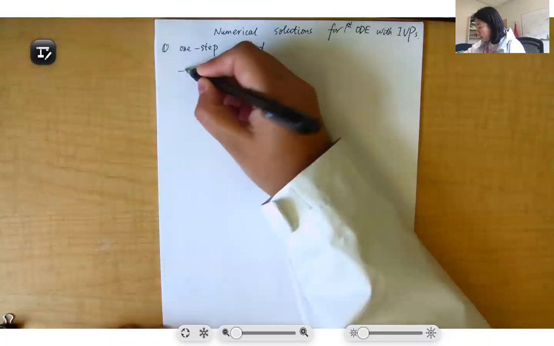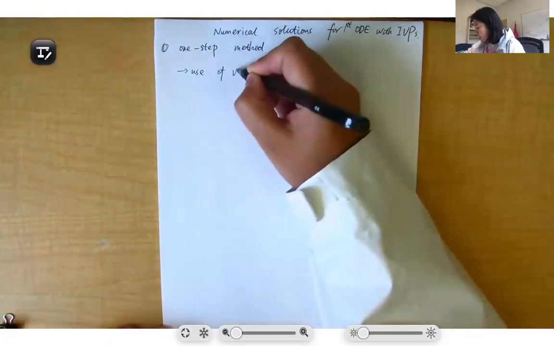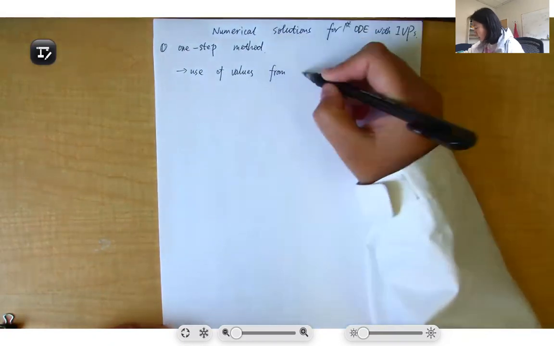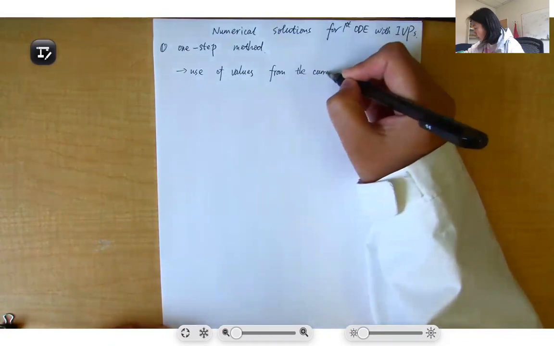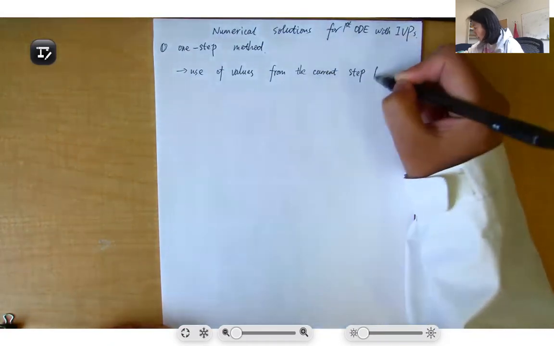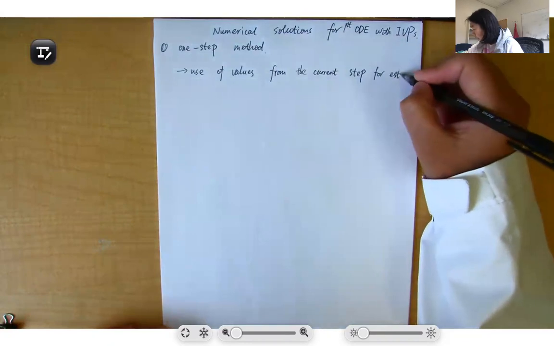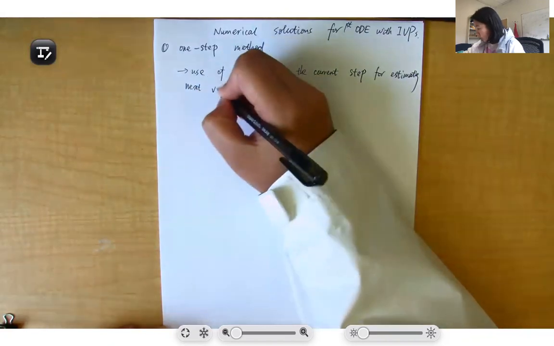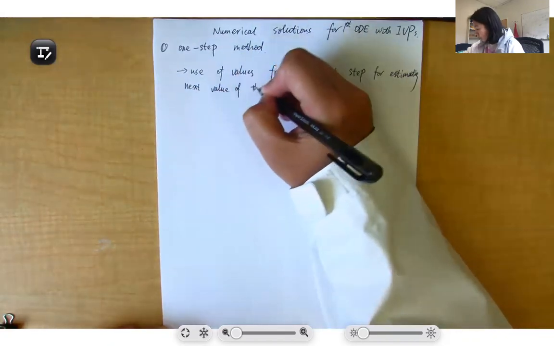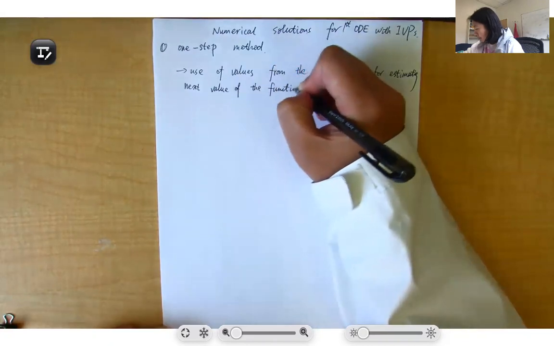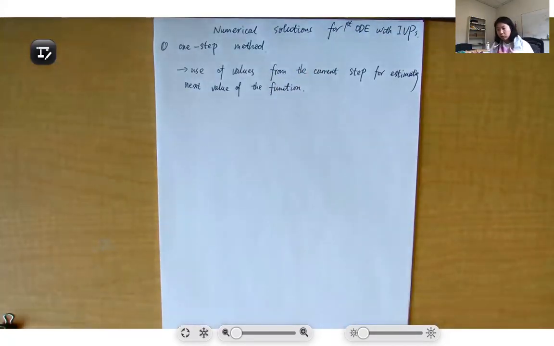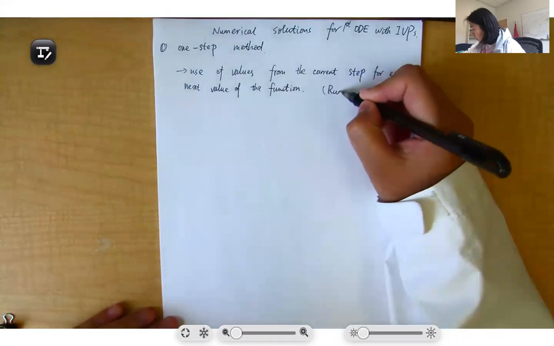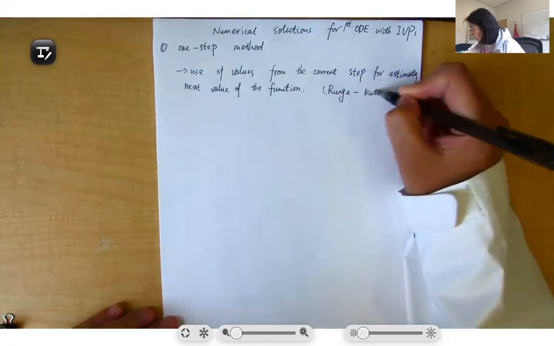So it uses values from the current step for estimating the next value of the function. And this will give us a series of Runge-Kutta formulas.